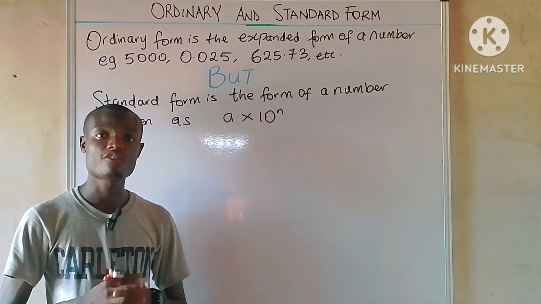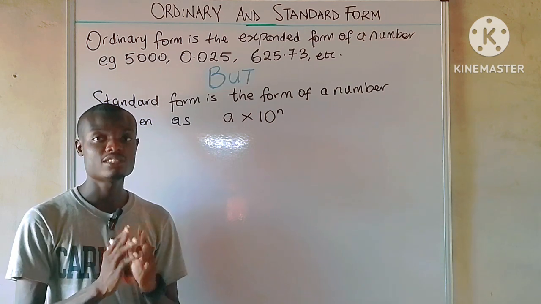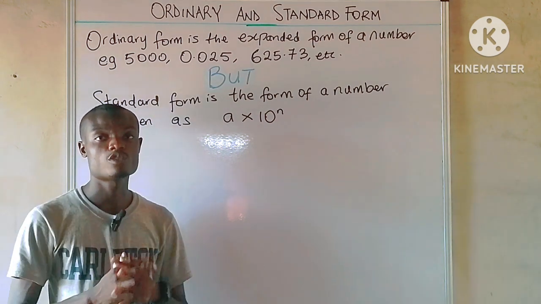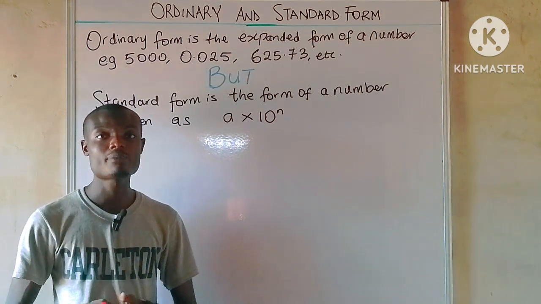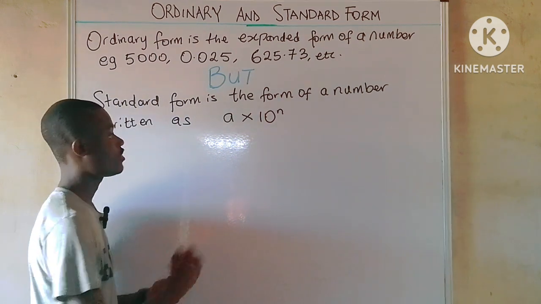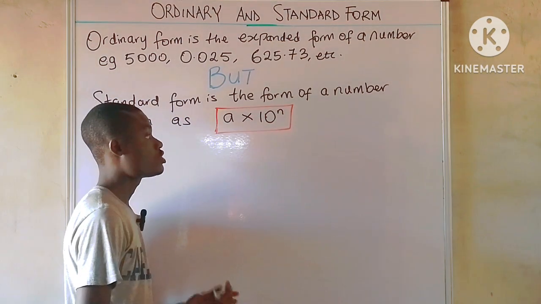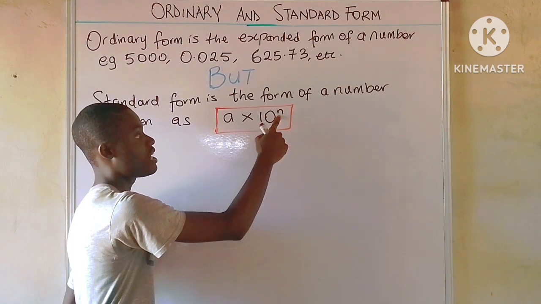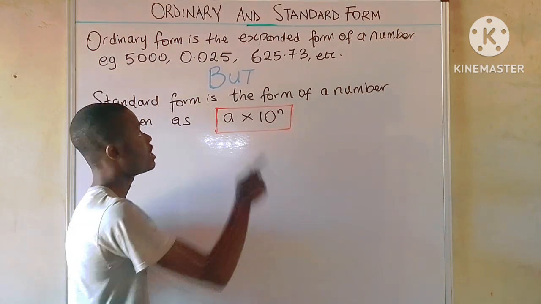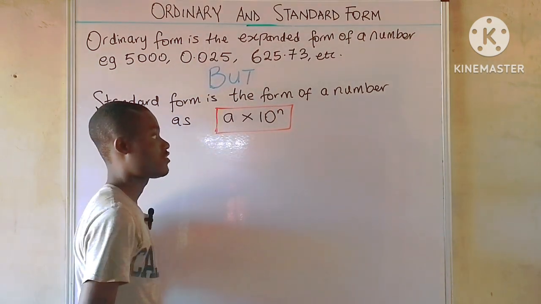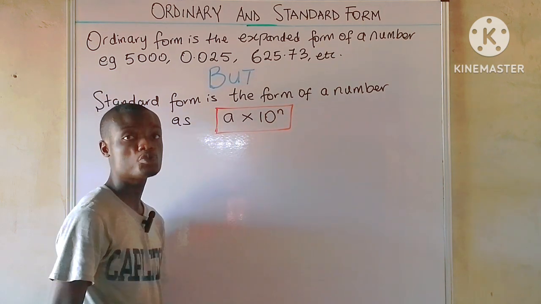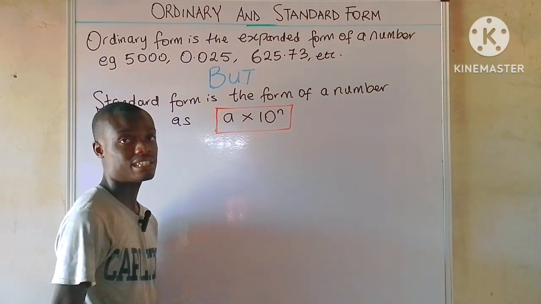But the standard form is simply a condensed or reduced form of numbers, and in standard form, numbers are expressed in this format: a times 10 raised to the power of n. So the formula a times 10 to the power of n is important in converting numbers from ordinary form to standard form, and this is the format in which we must write numbers in standard form.